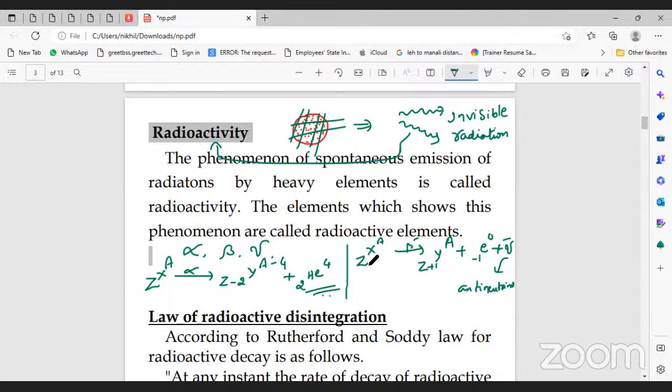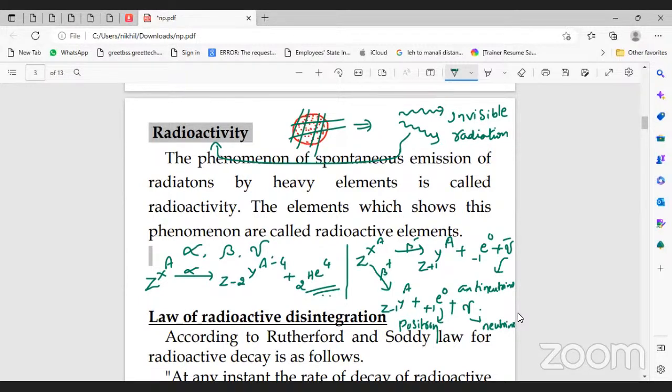So whenever this heavy nuclei emits beta plus, the mass number will remain the same, the atomic number will decrease by 1, but here we are going to get +1 E 0. This +1 E 0, we call it a positron. Whenever the positron is emitted, we are going to get just a neutrino.